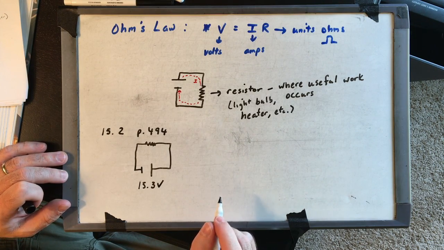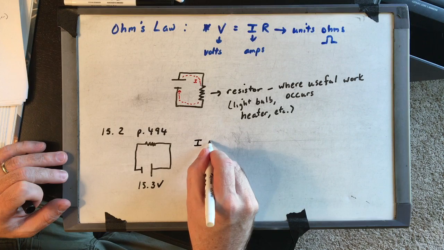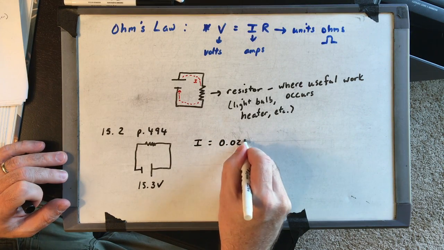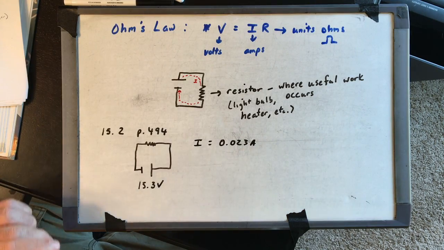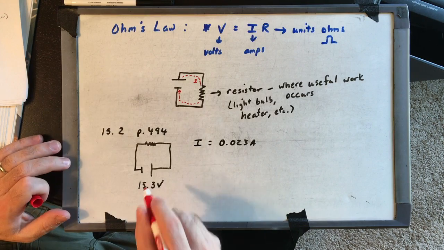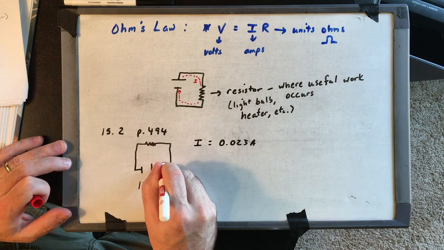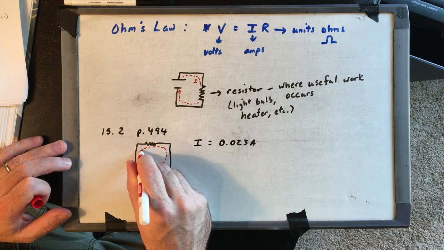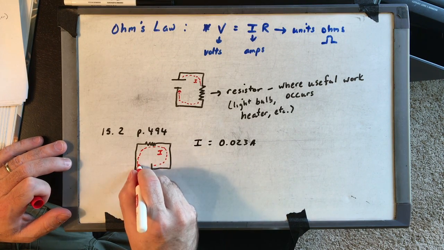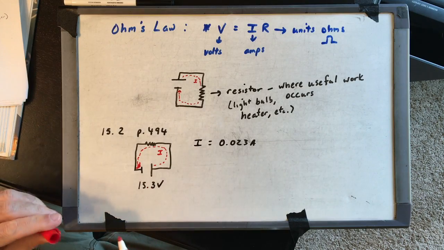And it says in our circuit that our current is equal to 0.023 amps. So the question states, draw the current flow and determine the resistance. Okay, the current flow coming out of the positive side of the battery, going back into the negative, right? That's supposed to be an arrowhead there.